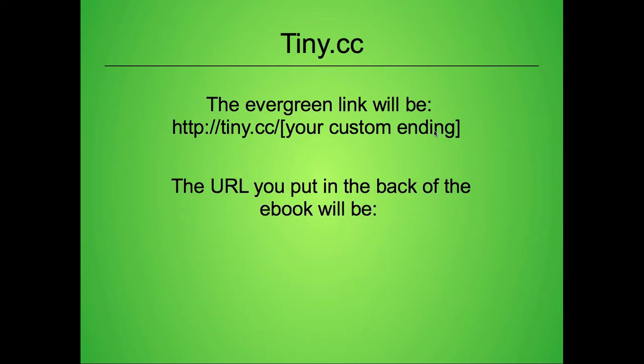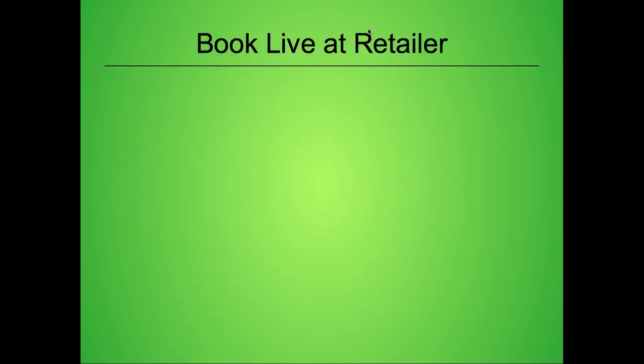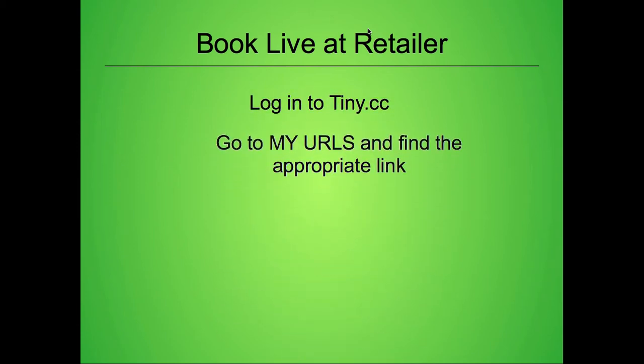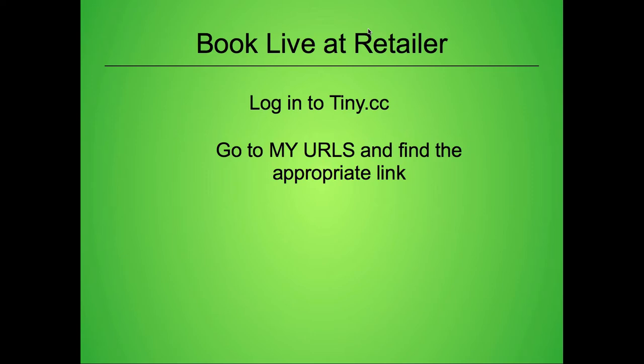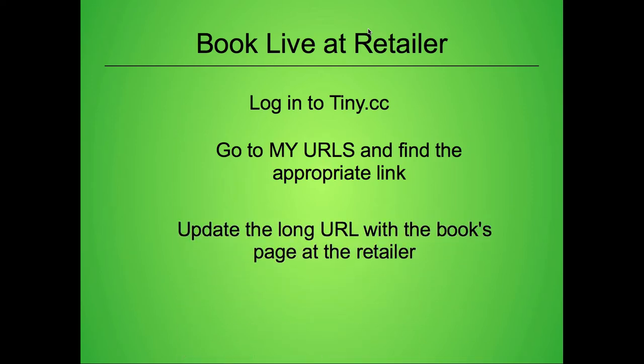So the URL you put in the back of the ebook will look something like this: tiny.cc/mynewbook. Once the book is live at the retailer, you log in to tiny.cc, you go to My URLs and find the appropriate link, and you update the long URL with the book's page at the retailer.